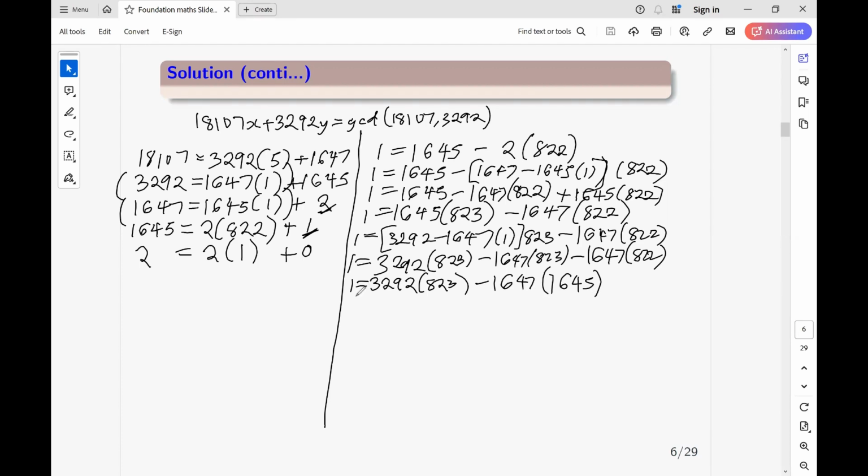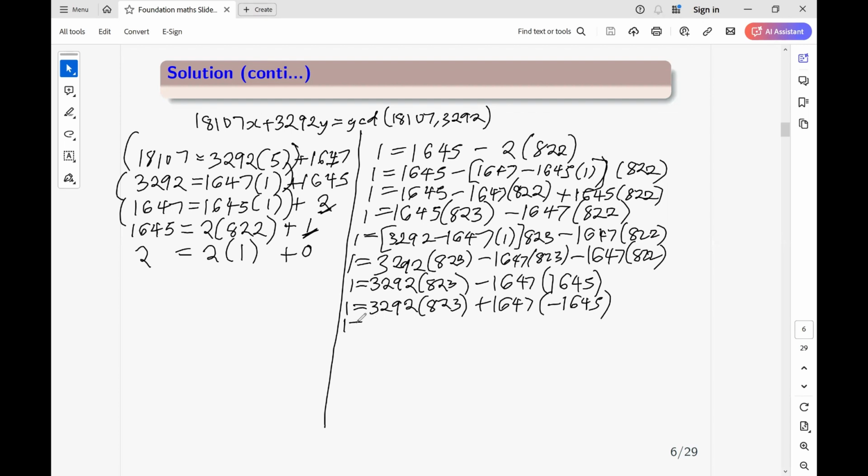Okay, first let's refactor this equation to look something like 823 times 1647 plus 1645. Now we're going to substitute the 1647, this one, using this part of the equation.